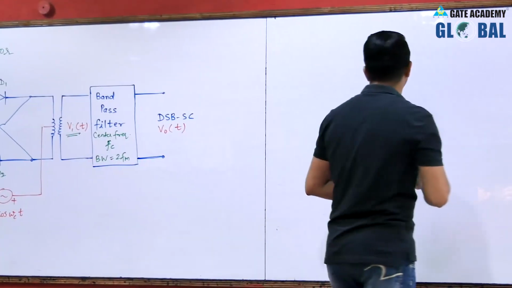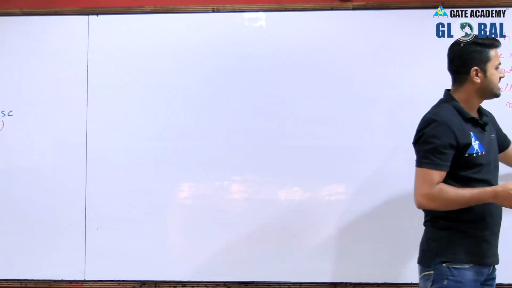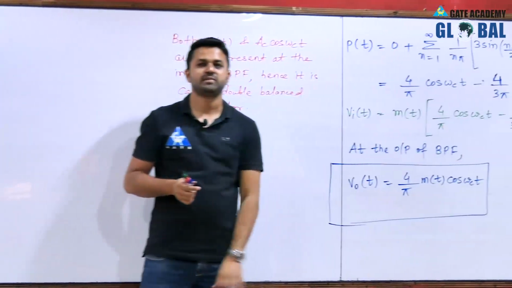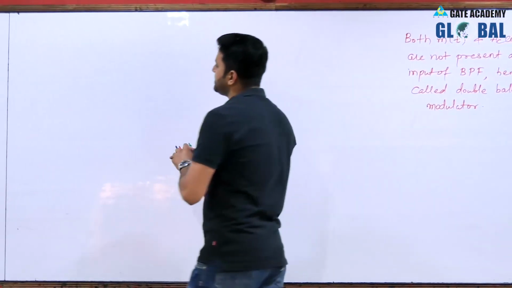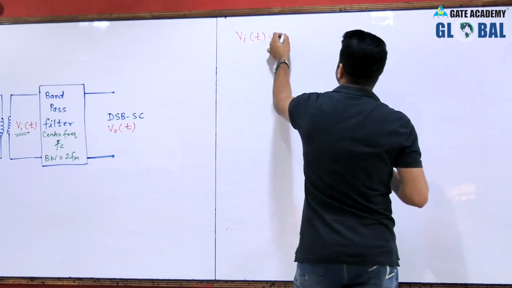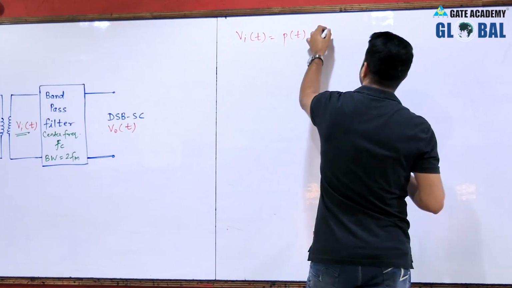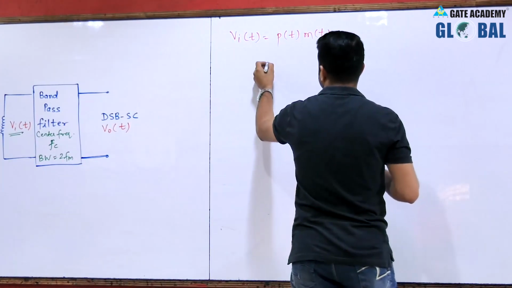Now we can also draw the time domain waveform, because we have written here this V0(t) is multiplication of message signal and carrier signal, a periodic signal. So this V0(t) is p(t) into m(t). So we can draw this also.